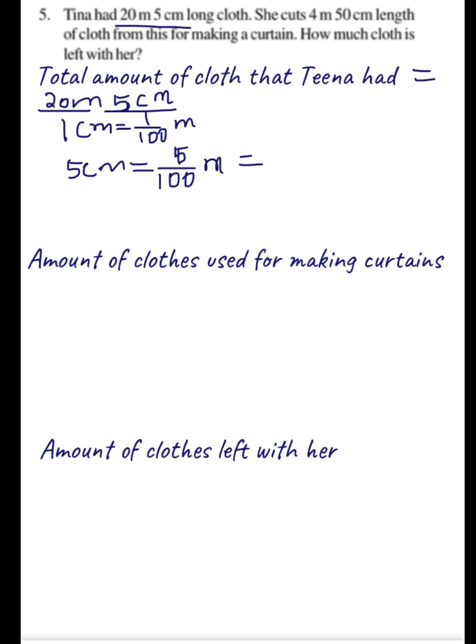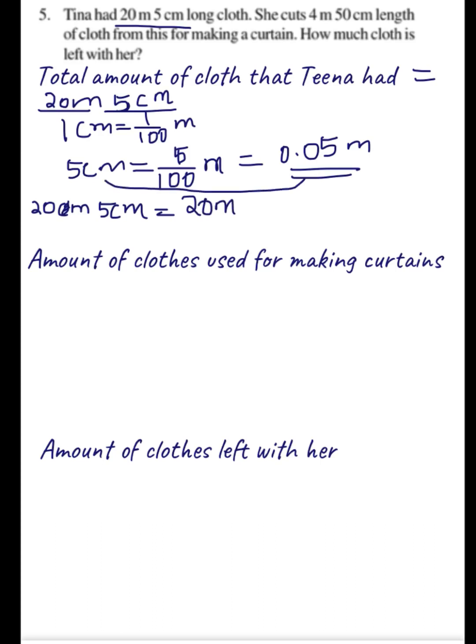When you do the division, it will be equal to 0.05 meter. In the question, it is 20 meter 5 centimeter. That means you can write it as 20 meter, and instead of 5 centimeter you have converted this now as 0.05 meter. And these two collectively you can write it as what?